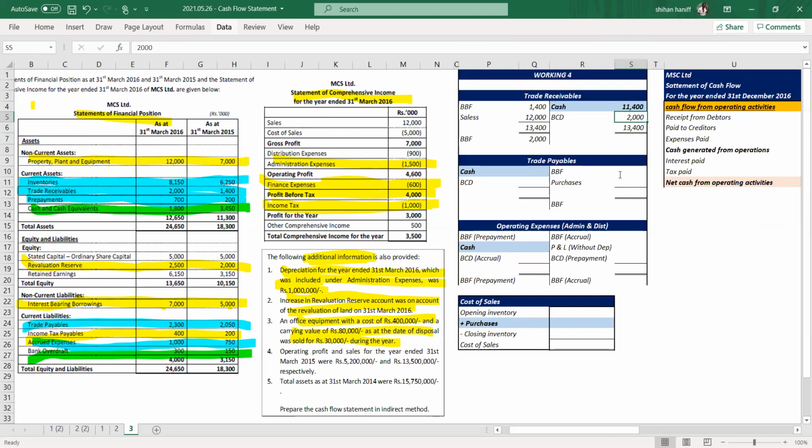Trade payables: 2,050 opening, 2,300 closing. Purchases, we need to find the purchases from the cost of sales. Opening inventory 6,250.